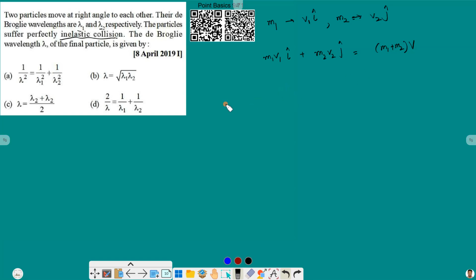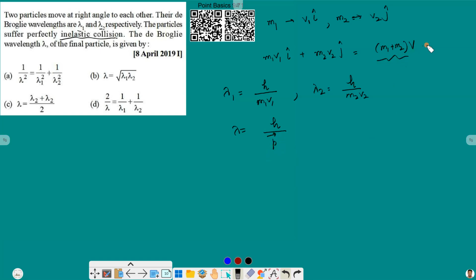Again, we can write that lambda 1 will be equal to h by m1 v1, and lambda 2 will be equal to h by m2 v2, and lambda, the final one, will be equal to h by P modulus, where P is the final momentum.